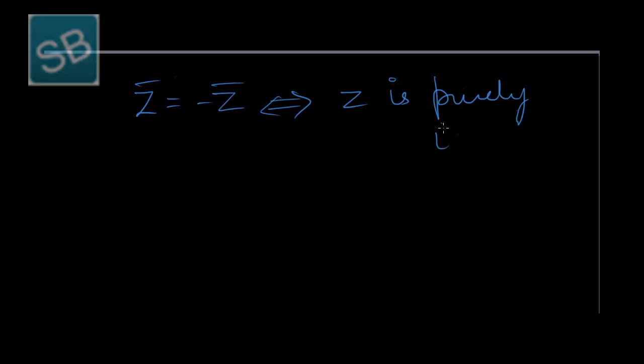So, combining these two results, we get z bar is equal to minus z if and only if z is purely imaginary.